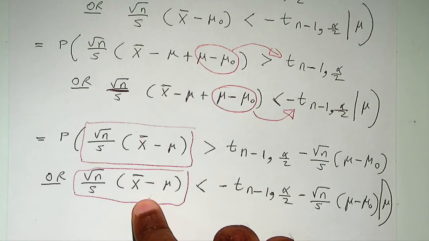Now this has a t distribution with n minus 1 degrees of freedom, right?